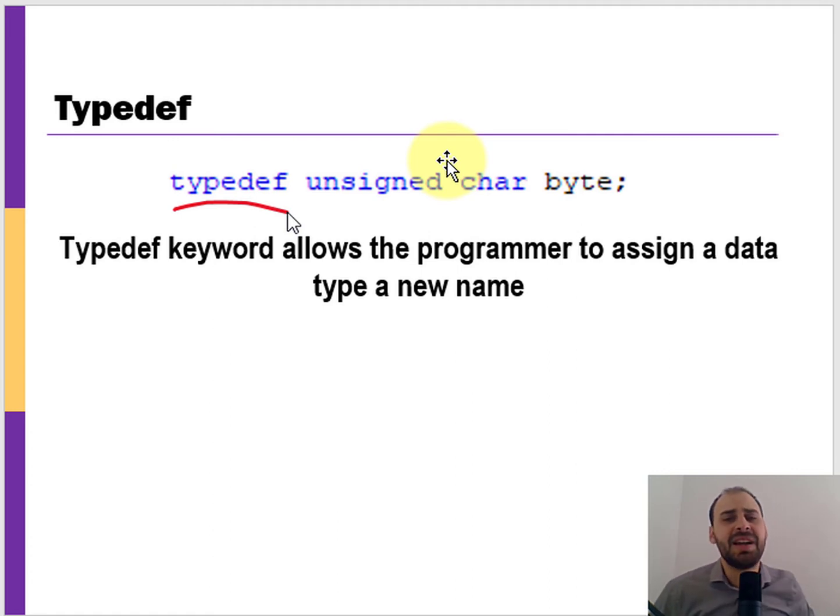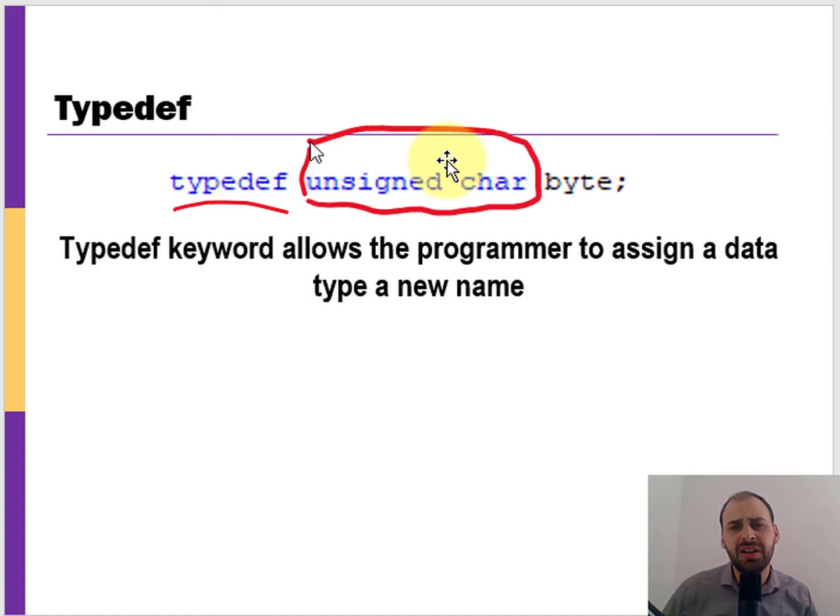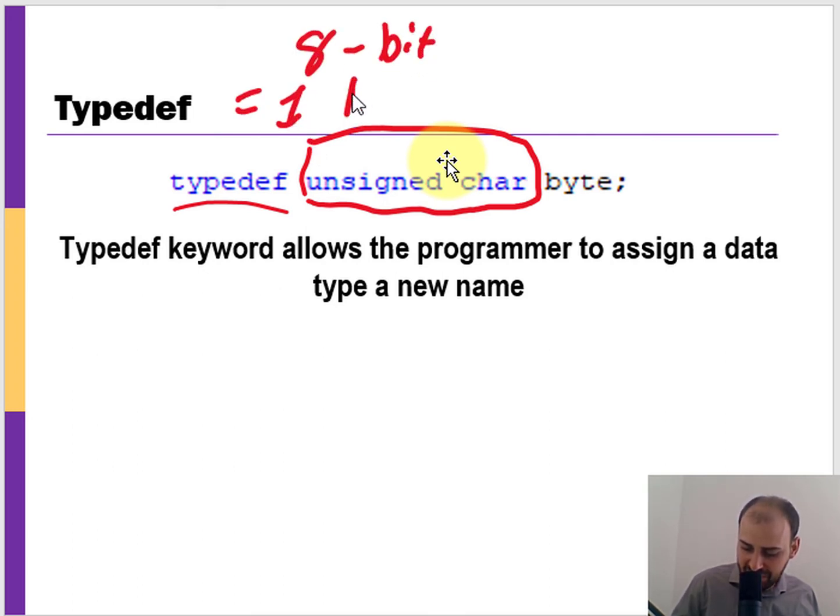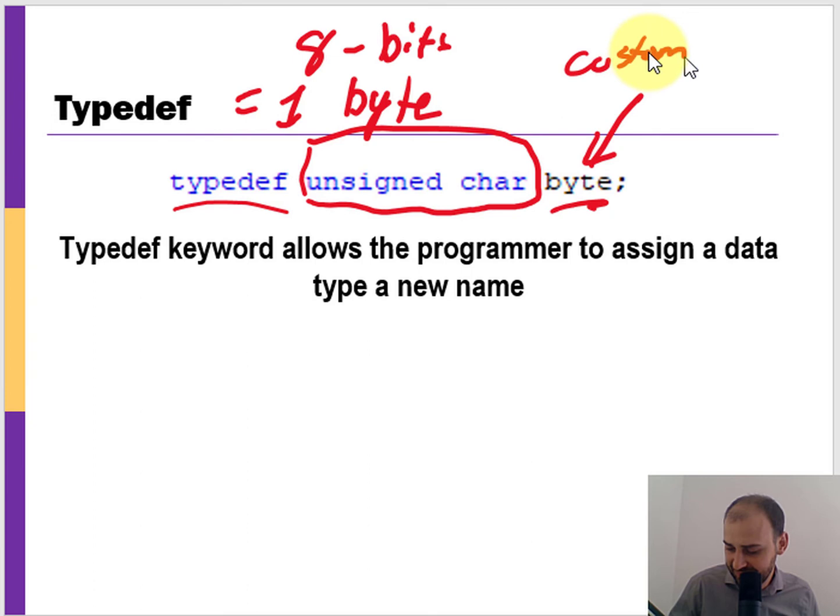Typedef stands for type definition. We're defining a data type, and we can give a data type a name that we find useful. For example, here, unsigned char. You may or may not remember how many bits a char takes. It takes 8 bits, or 1 byte. So using typedef, you could give it a custom name.